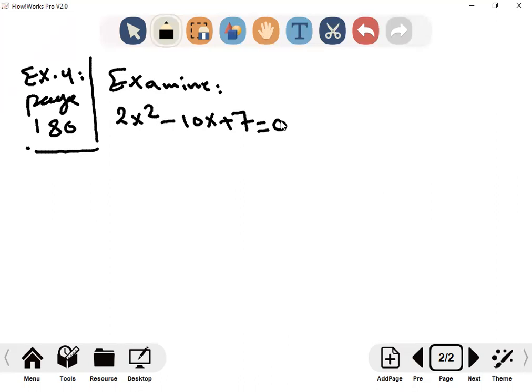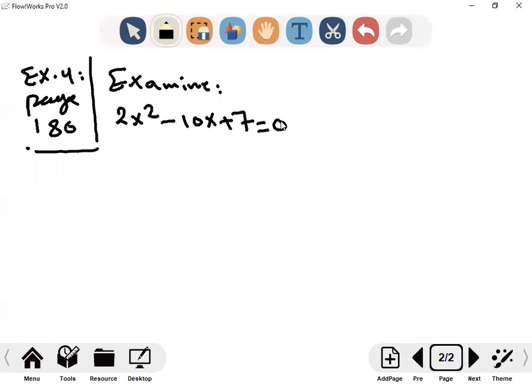Examine means tell me about this equation. It has how many roots, real or complex? Just only, without finding the roots. If the question says solve the following equation, you need to find the solutions. Examining means to tell me information about the roots only.